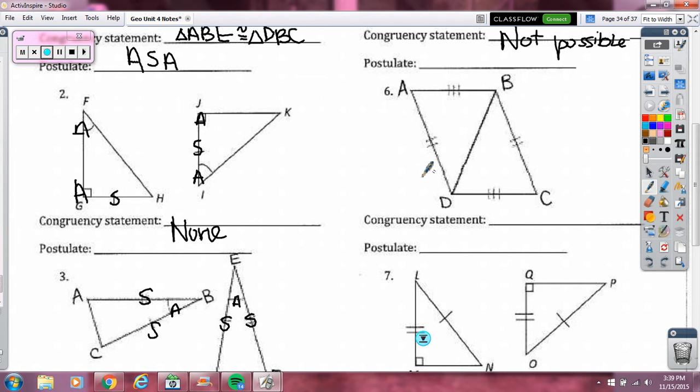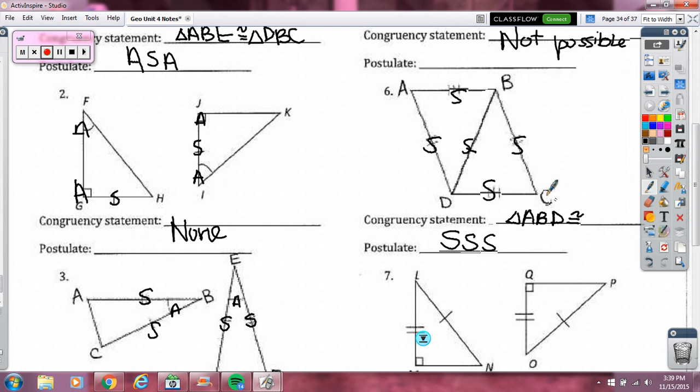Alrighty. When I look at these, obviously they're going to share that side BD in the middle. So I see side, side, side on one triangle, side, side, side for the other one as well. So postulate, S, S, S, congruency statement, triangle A, B, D. There's one of them.